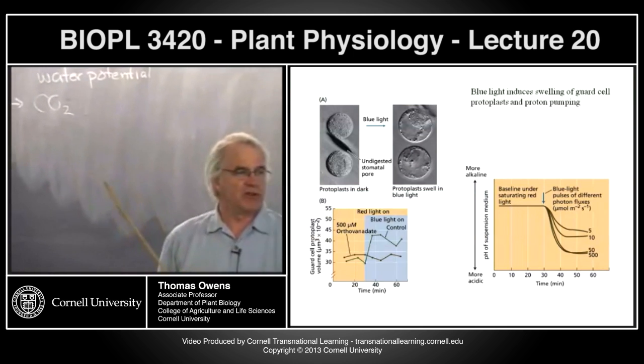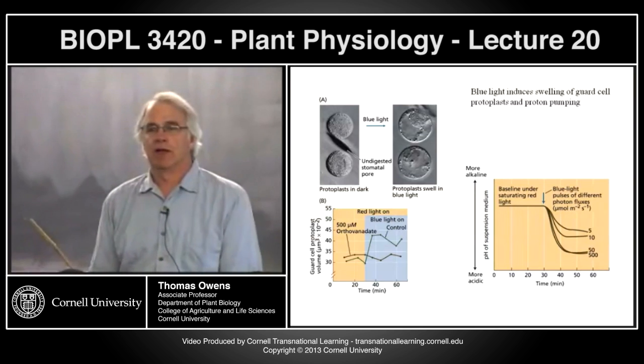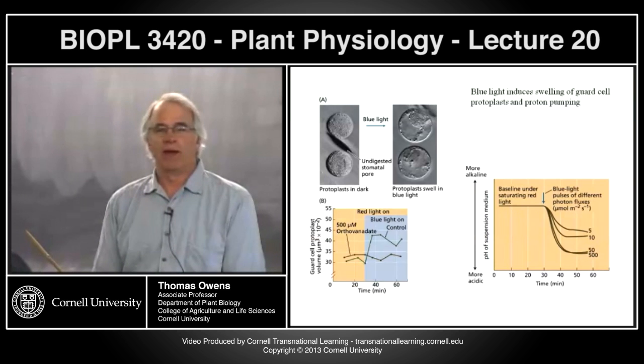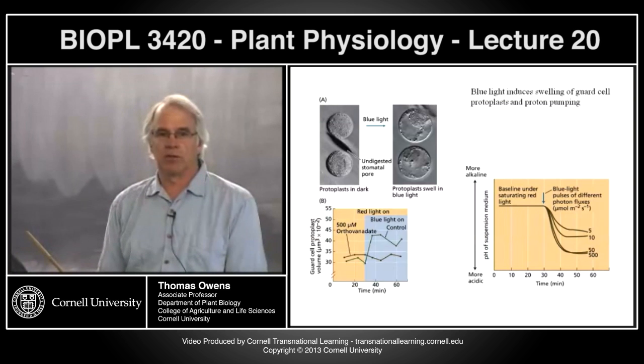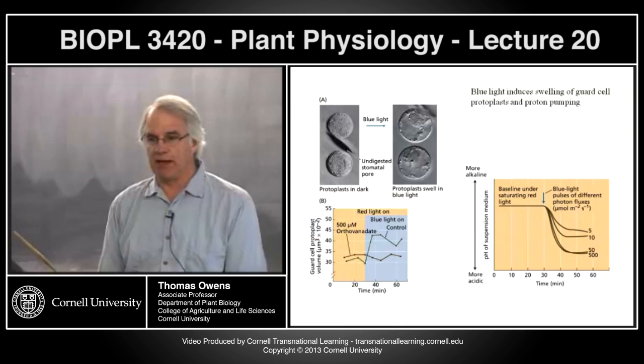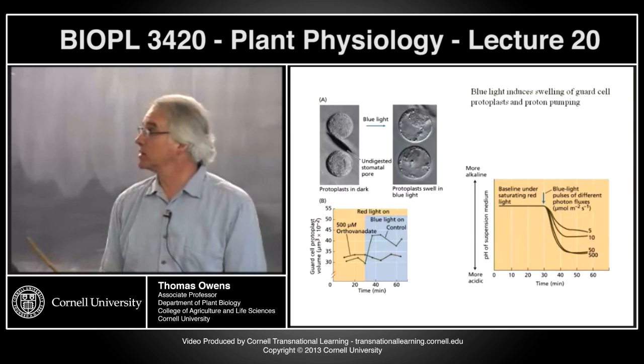Guard cells are different than every other epidermal cell. Epidermal cells do not have chloroplasts. Guard cells do. We're going to see the role that these chloroplasts play in a lot of what we think is going on in terms of guard cell responses to environmental things.